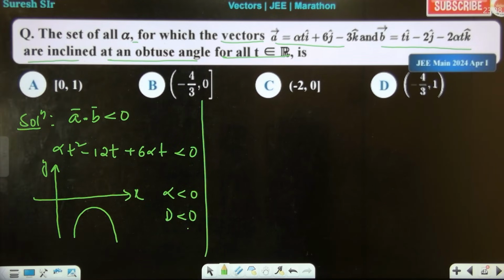இது பண்ணா now I have one doubt, sir. B square minus 4AC you are doing, fine. 36 or 144, tell me. Alpha less than 0, fine. Now 4AC.